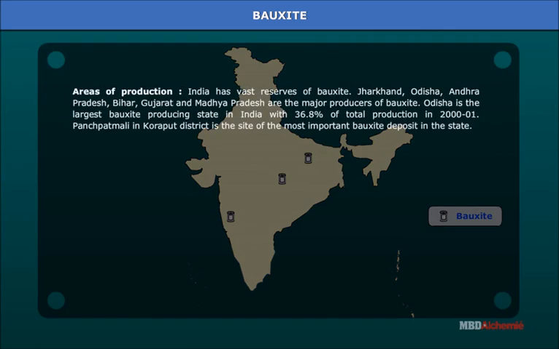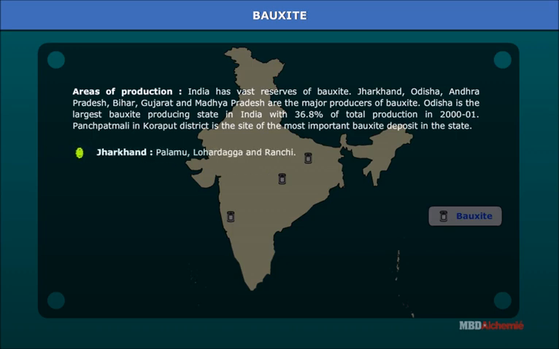Areas of production. India has vast reserves of bauxite. Jharkhand, Odisha, Andhra Pradesh, Bihar, Gujarat and Madhya Pradesh are the major producers of bauxite. Odisha is the largest bauxite producing state in India with 36.8% of total production in 2000-2001. Panchpatmali in Koraput district is the site of the most important bauxite deposits in the state.